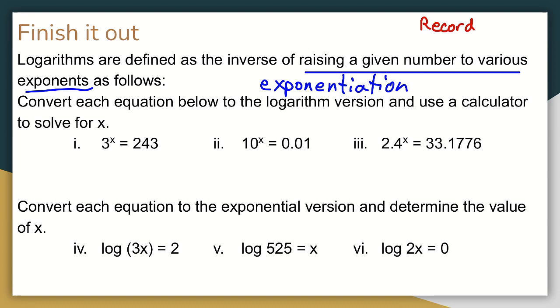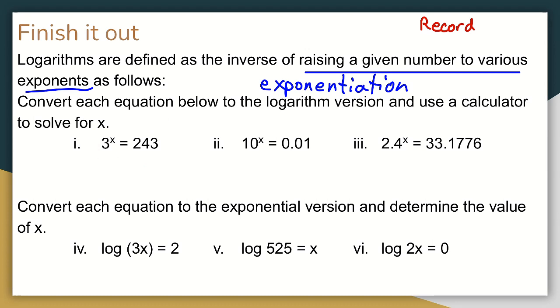All right, so when we convert these logarithms, and this would be a great time for you to be taking notes, I want you to make sure that as you're converting them, you read it the way that you write it. And here's what I mean. So for the first one here, 3 to the x is equal to 243.